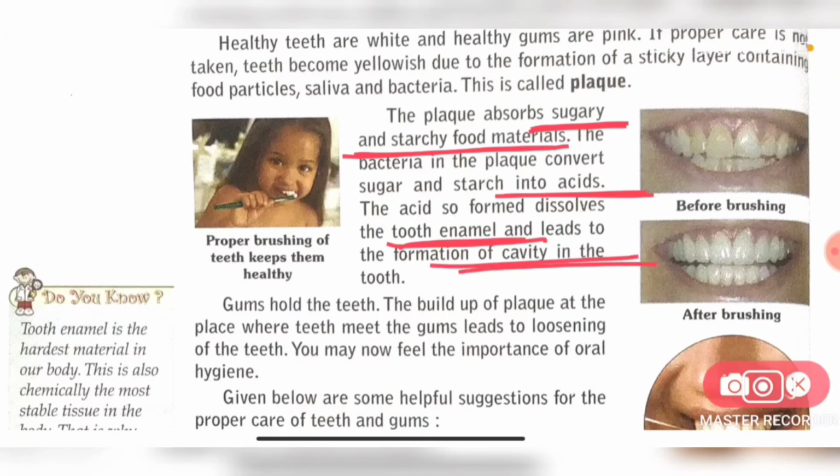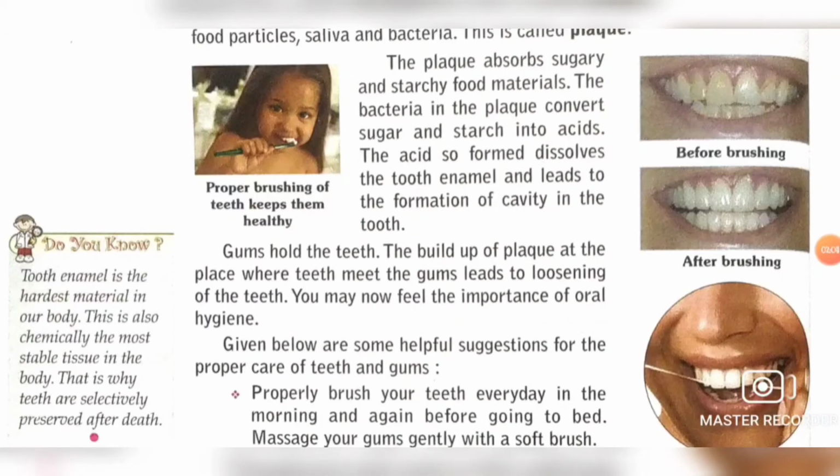Okay, so what is happening? If we don't take proper care, our teeth build the plaque and the bacteria start growing in that plaque, which absorbs more and more sugary and starchy food and converts them into acids.